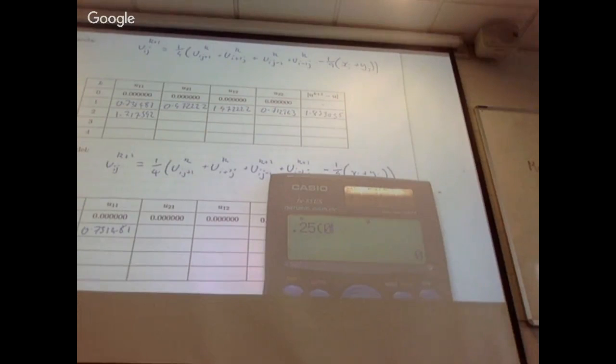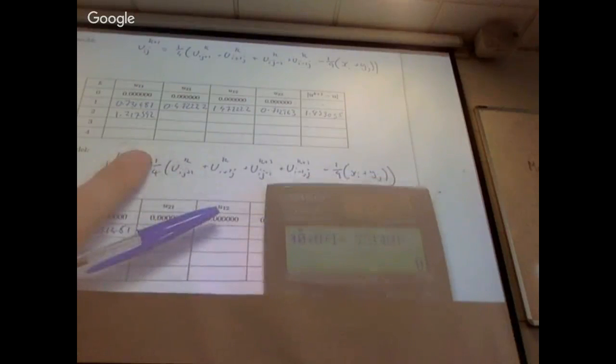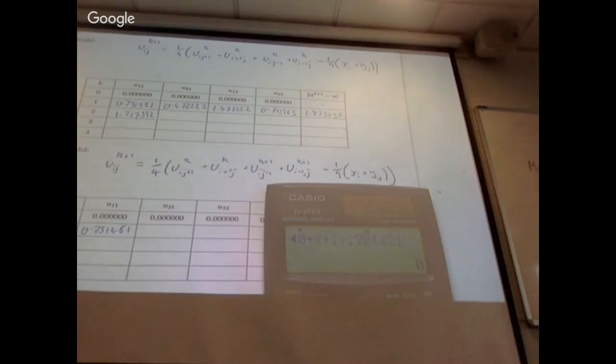Plus the node to the east, which is also 0, plus the node to the south, which was 1, plus the node to the west, which is our new value, 0.731481, and that's minus 1/9 times 1/3 plus 2/3, which was 1.